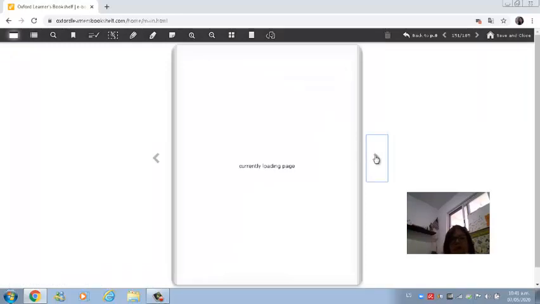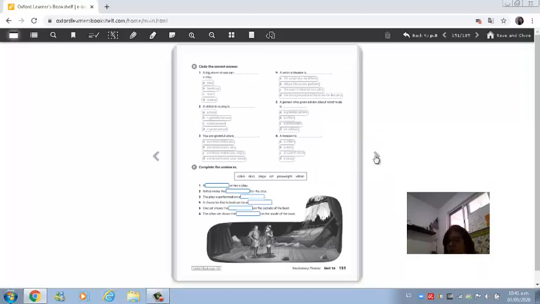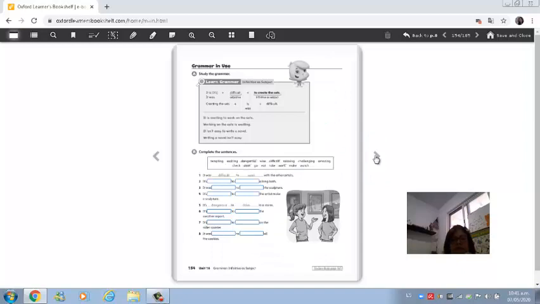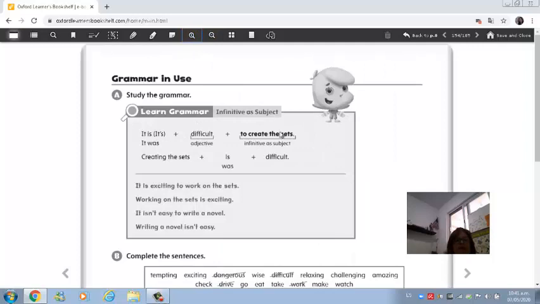You're going to practice what we just saw. Page 154. Okay, here you have learn the grammar. Okay, so you could have the structure in sight. In B, what you're going to do is complete the sentences.